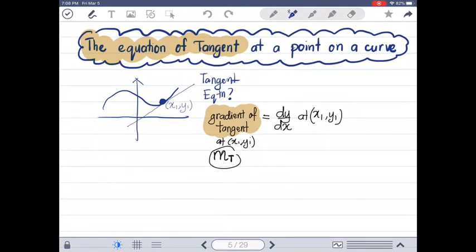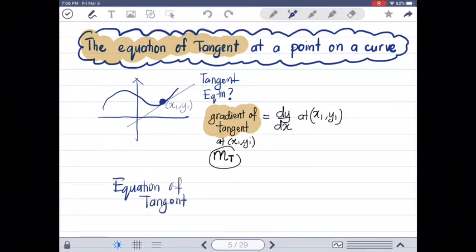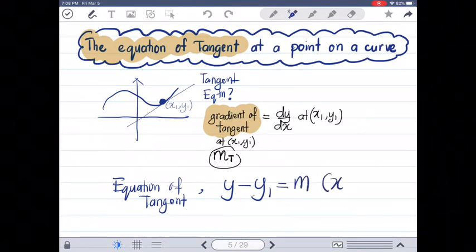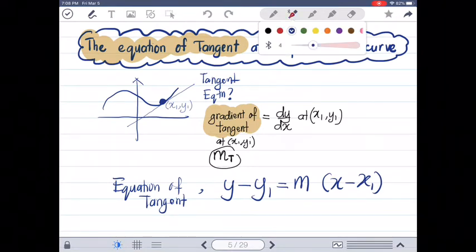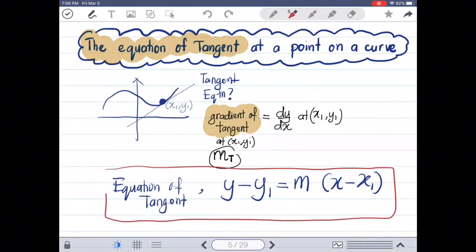So if you want to find the equation of a tangent, we can use the formula y minus y1 equals m times x minus x1. We know that this is just a general equation for a straight line.